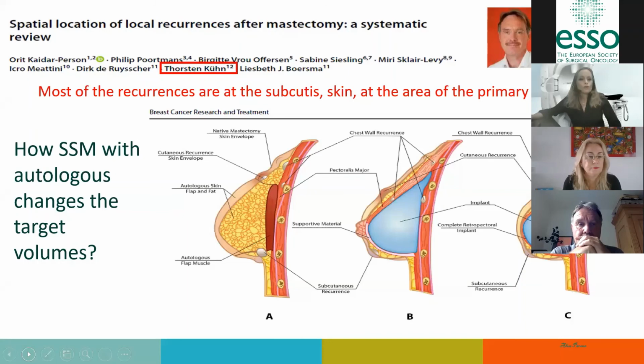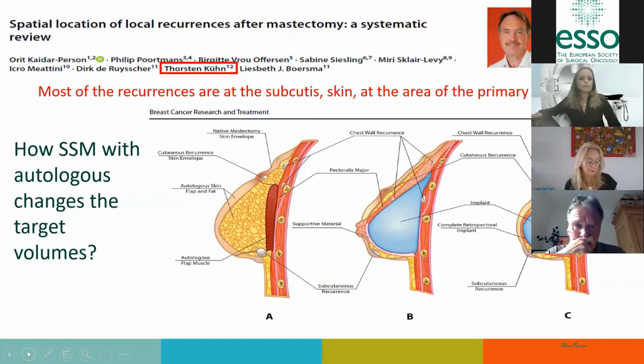Also as part of the work, we mapped the spatial location of the recurrences, and Thorsten is part of the author group here and contributed a lot to this work. And we saw that the recurrences were related also to the type of reconstruction, but mostly occur in the subcutis or the skin of the native breast, at the area of the primary tumor.